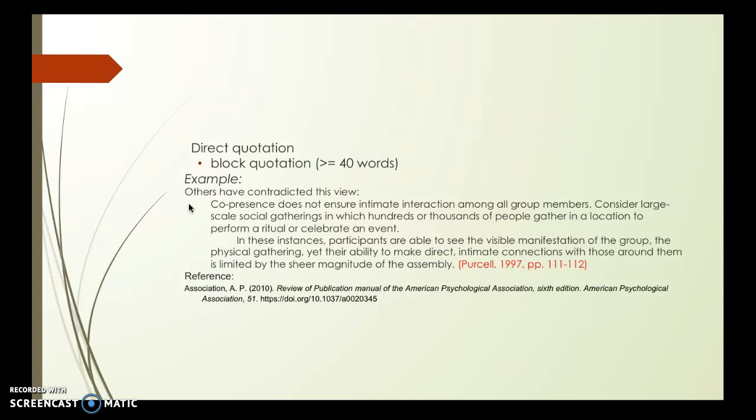If there are additional paragraphs within the quotation, indent the first line of each an additional half inch, and double space the entire quotation. At the end of the block quotation, set the quoted source, the publication year, and the page or paragraph number in parentheses after the final punctuation mark.